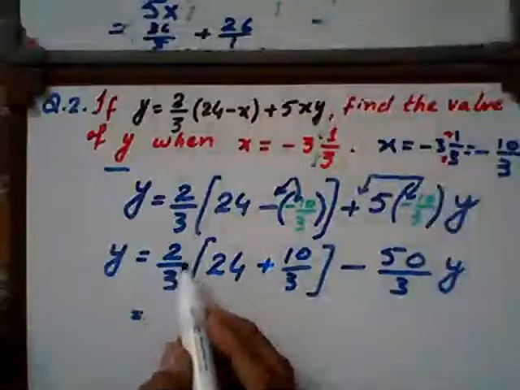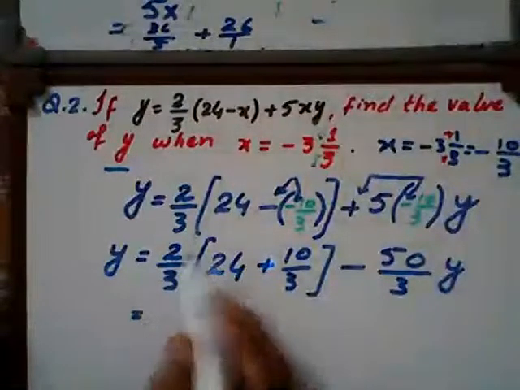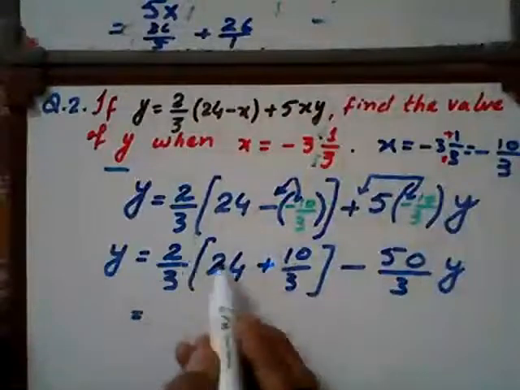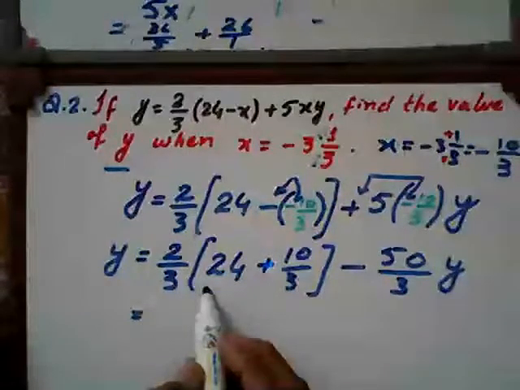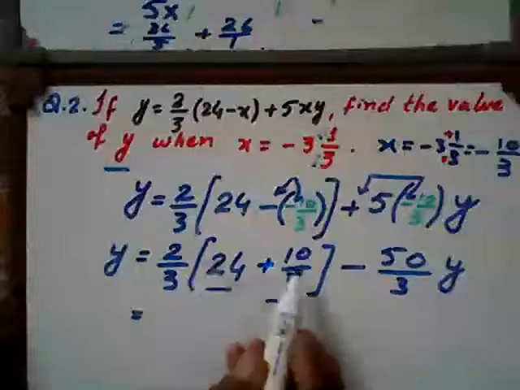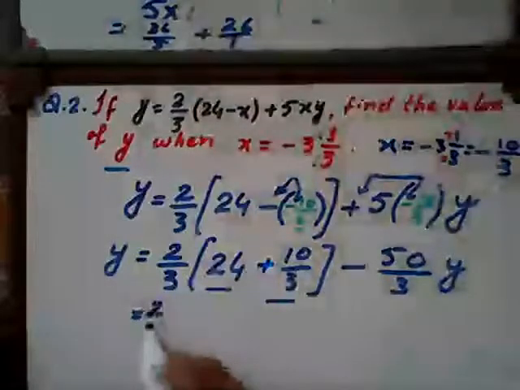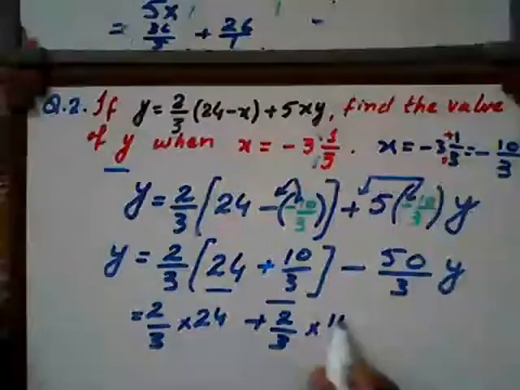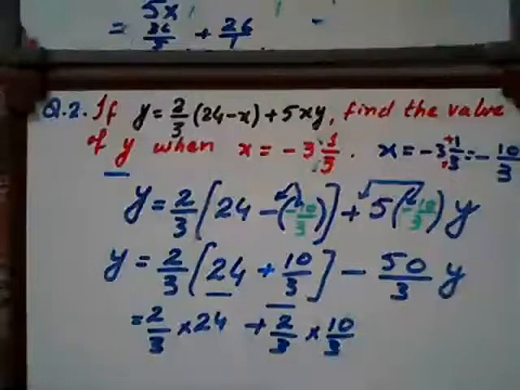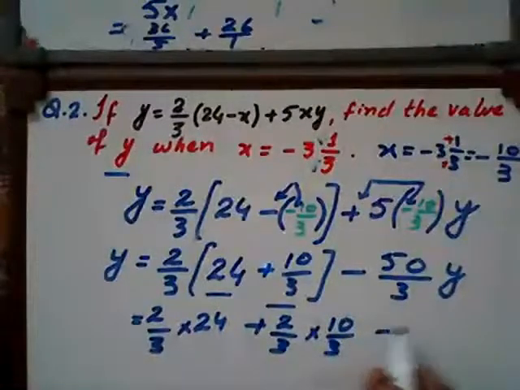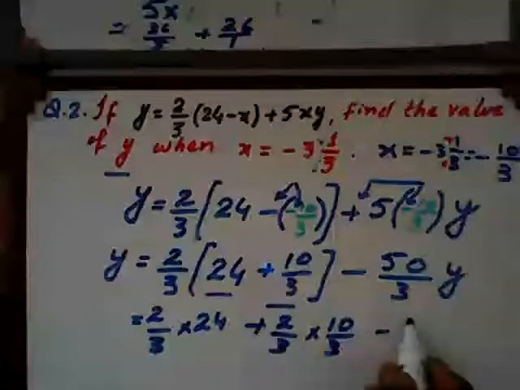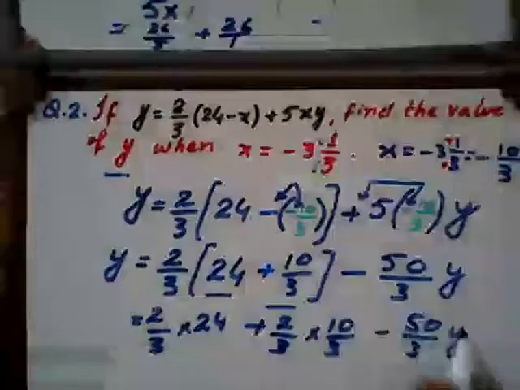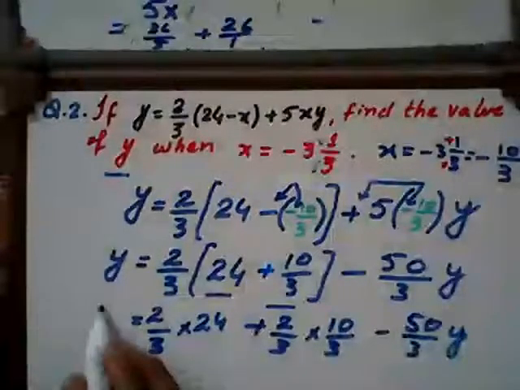This bracket will be multiplying with these two terms, because there are two terms here, so it will be multiplied 2 times. So 2 by 3 multiplied by 24, 10 by 3, minus 50 by 3y is equal.